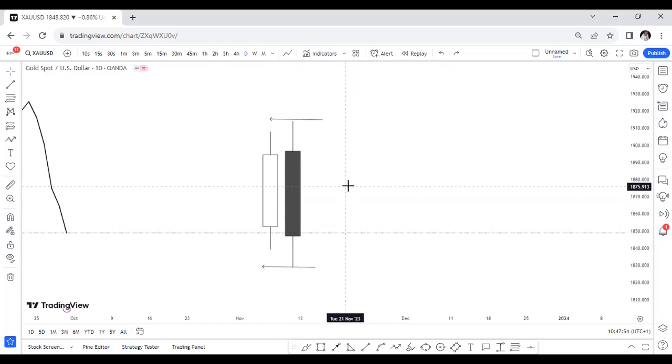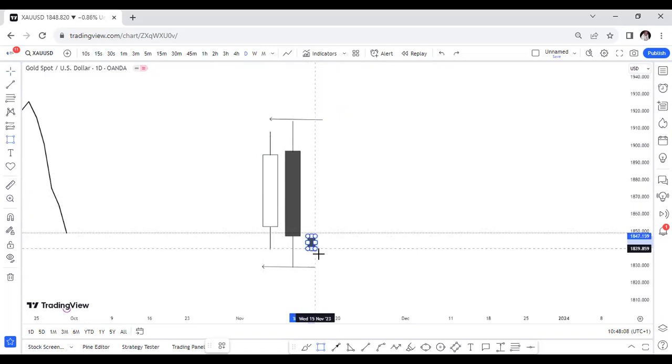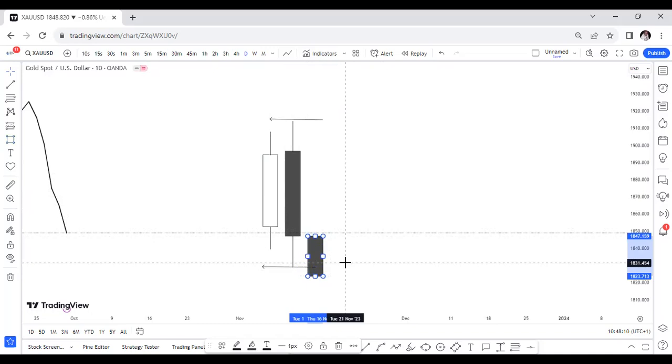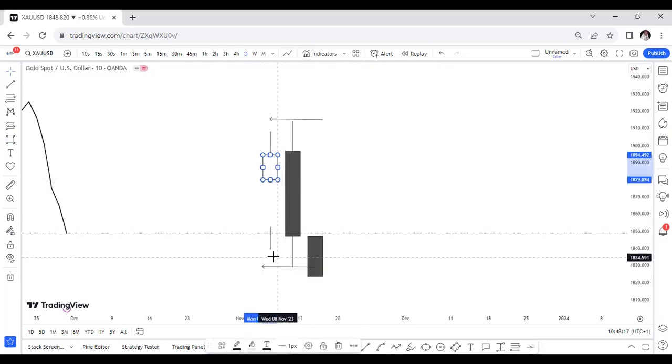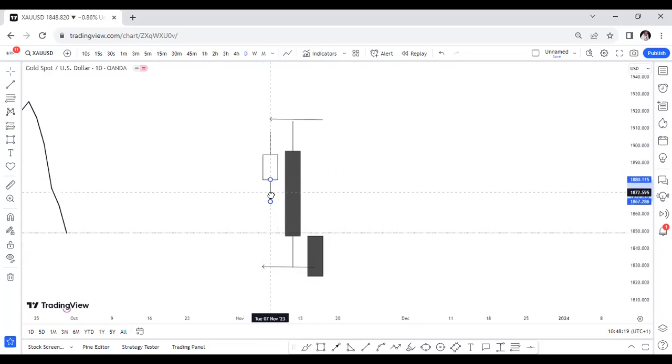It could be in another form. It could be 3 or 4 candlesticks combining together to cover up a big candle like this. You may have this there, and this may be shorter. It could be shorter like this.